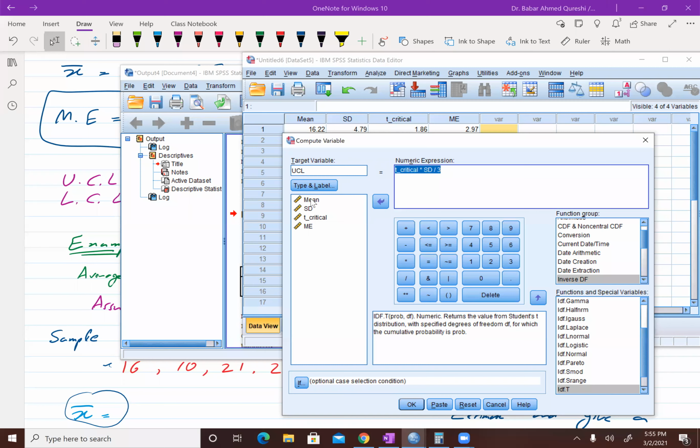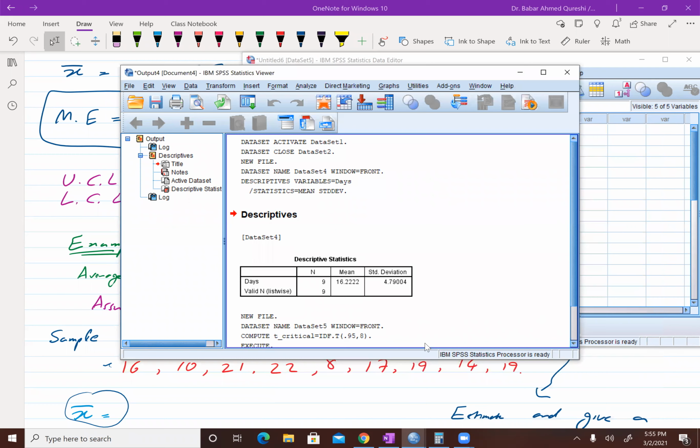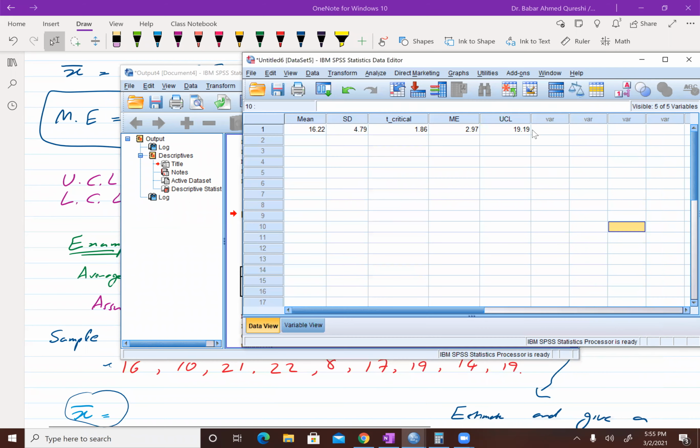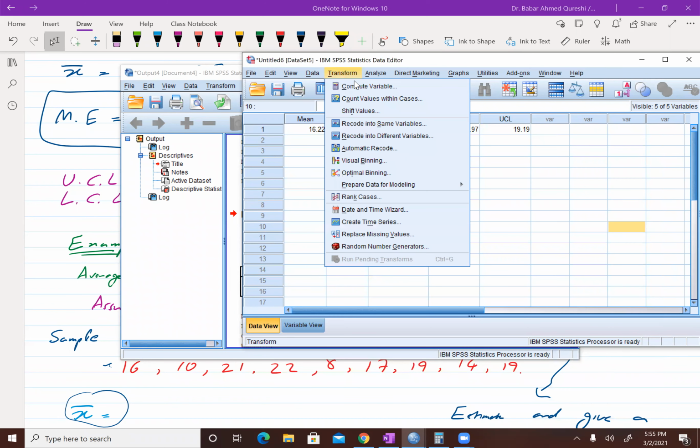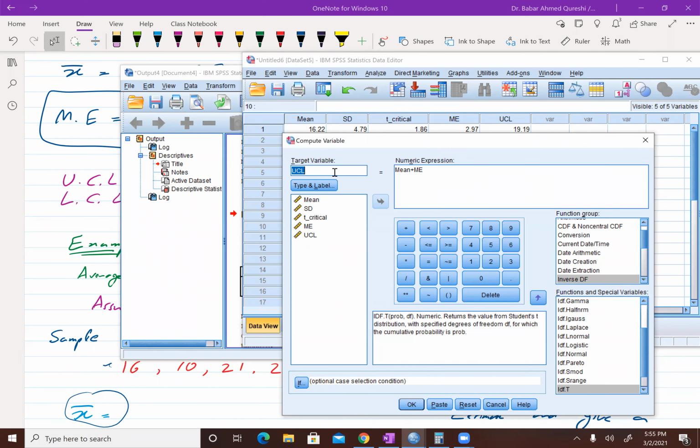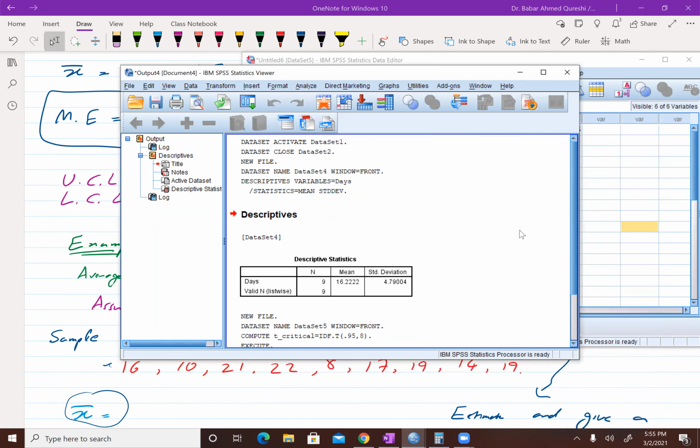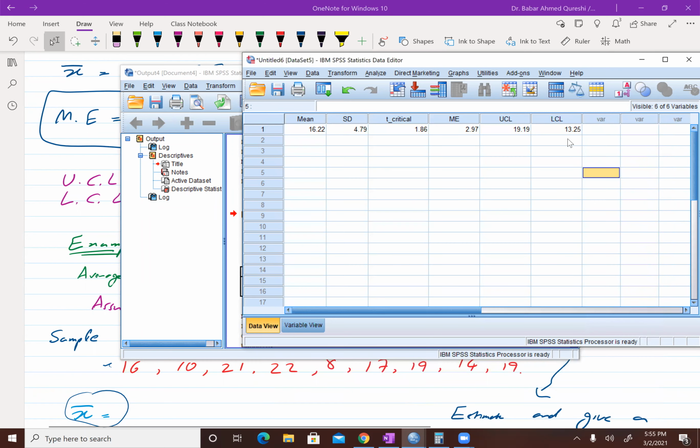That's just mean plus margin of error, which is 19.19. Similarly, I can compute the lower confidence level. That's just mean minus margin of error. So it's 13.25 and 19.19.